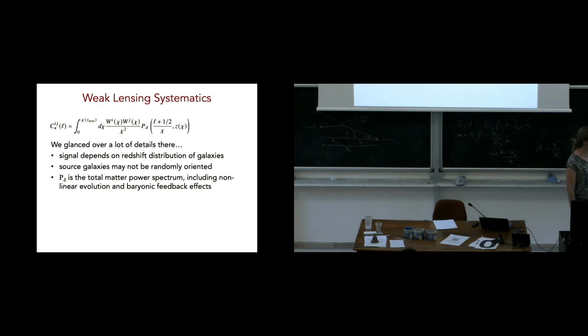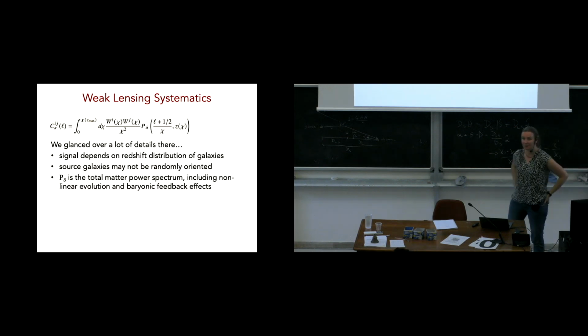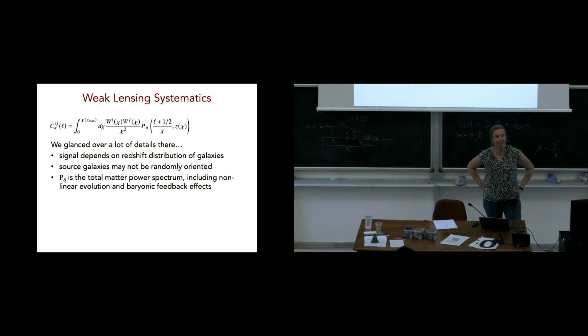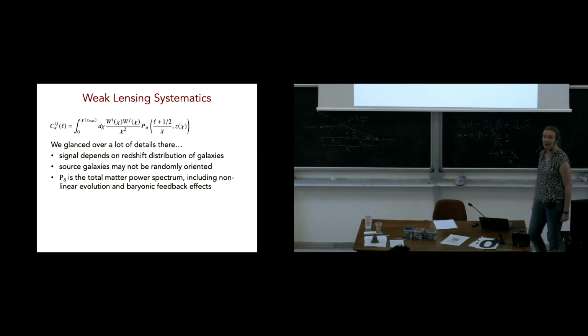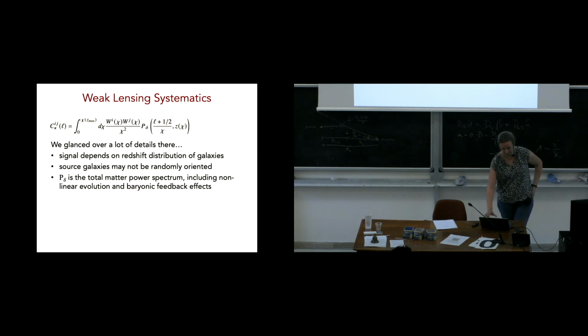Additionally, the source galaxies may not be randomly oriented because, of course, they form in cosmological environments, and that means also in large-scale tidal fields. And P delta here is the total matter power spectrum. That includes all of nonlinear evolution and baryonic effects. So going even from what we would measure as P delta here to cosmological parameters is also not as straightforward.